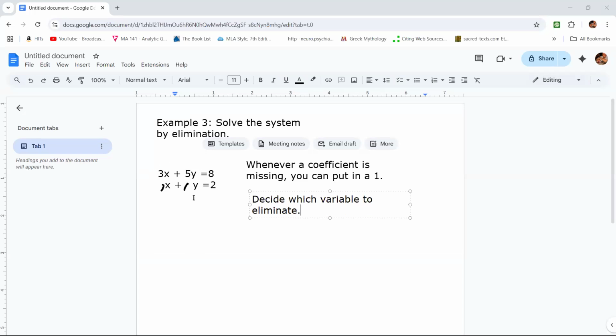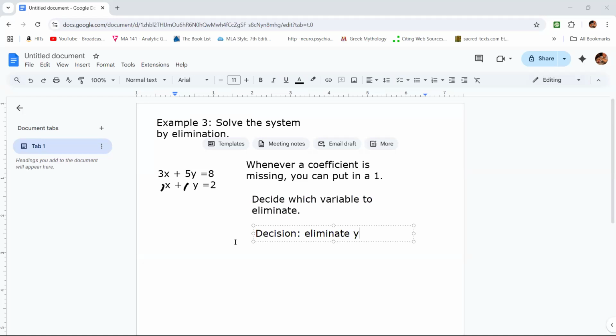We have to decide which variable we want to eliminate. So I'm going to decide to eliminate y. I'm going to make that decision. If you choose to eliminate x, that's fine, but you'll use different numbers.